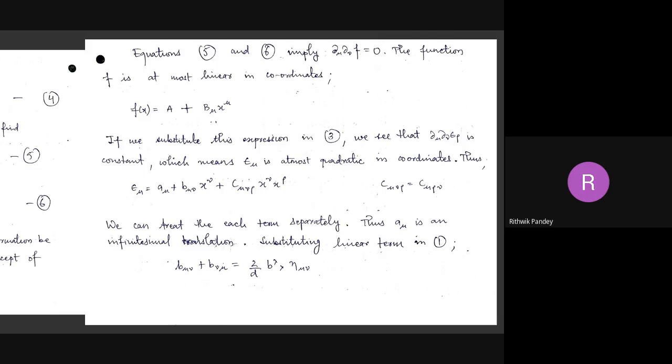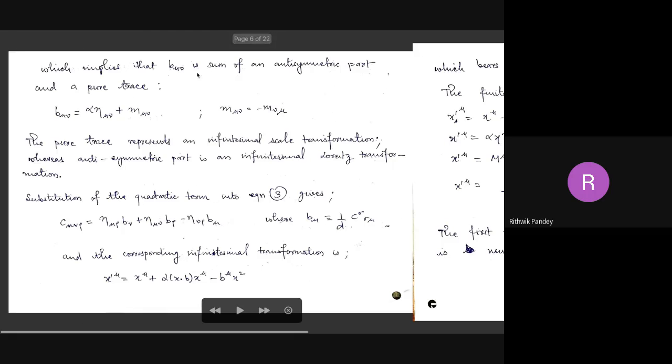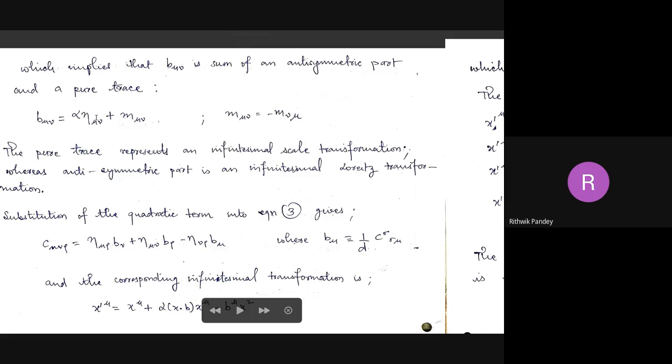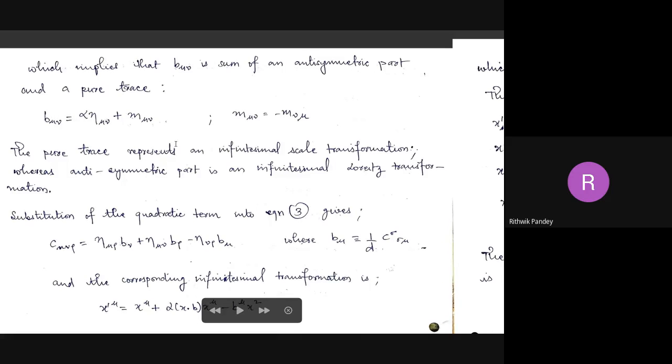The symmetric part of b mu nu is a pure trace, and then we have the antisymmetric part. A pure trace here represents an infinitesimal scale transformation. Scale transformation basically just scales the coordinate: my coordinates x mu go to lambda x mu. Whereas the antisymmetric part, as we know, is an antisymmetric infinitesimal transformation, which gives a Lorentz transformation.